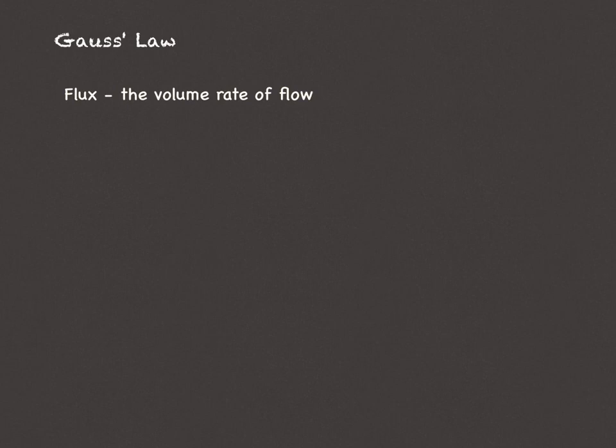We're going to call the flux capital phi, and there's flux for any rate of flow. If we were thinking about the rain, it would be the velocity of the rain and the area over which it would be caught. But we're going to look at electric flux. So the rain is the physical example of what we would call the electric field.